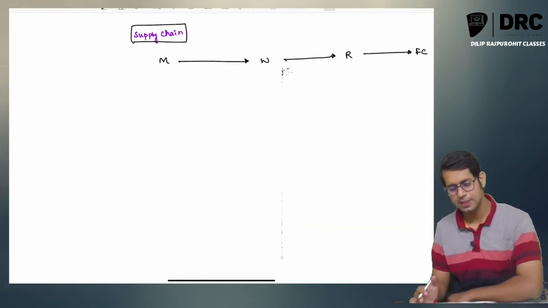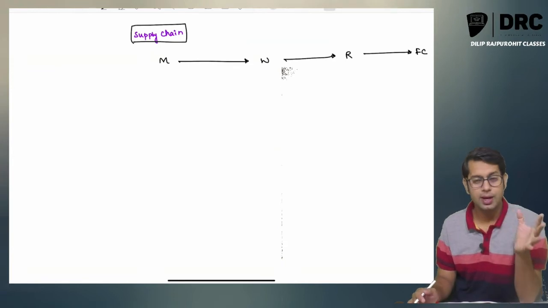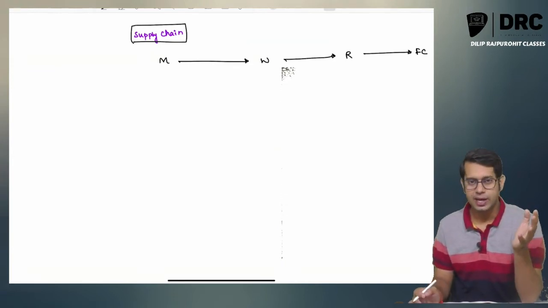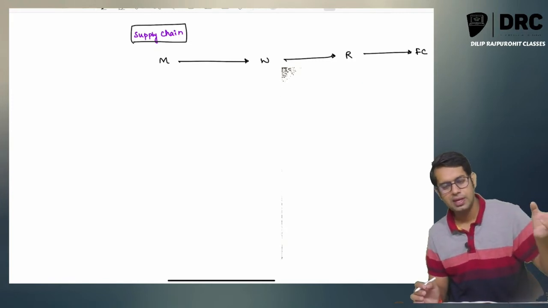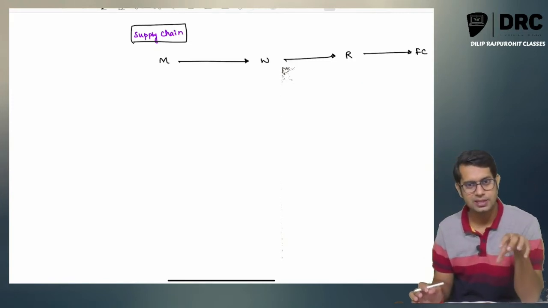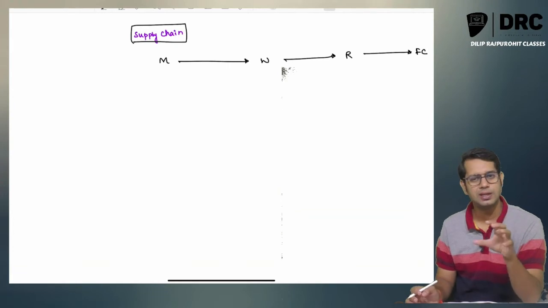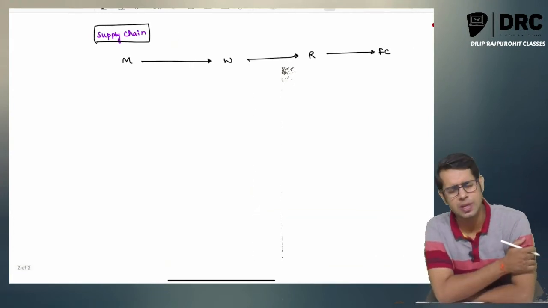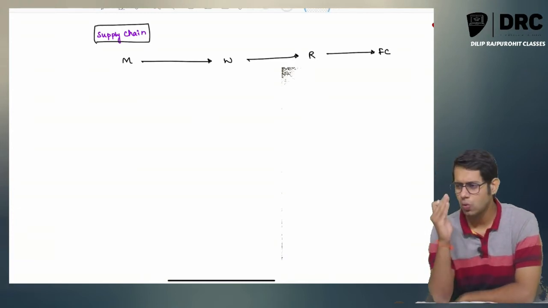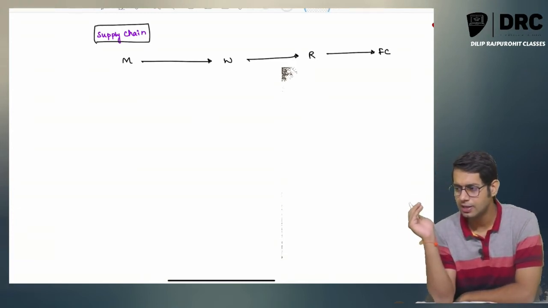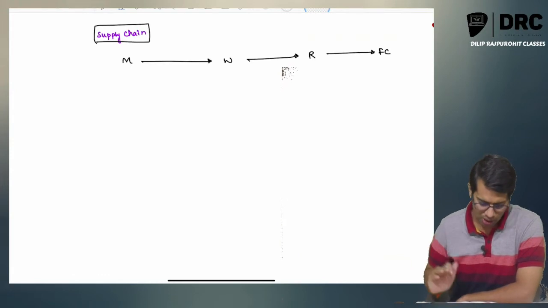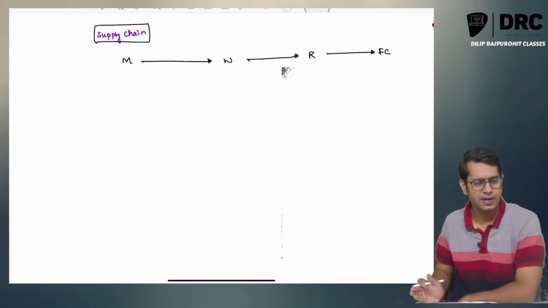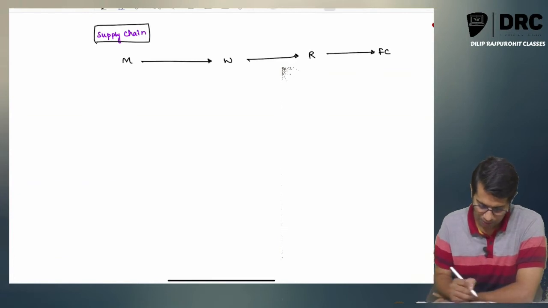In our school days in biology, we would have seen the food chain: eagle is eating snake, snake is eating frog. Just like that, here we are talking about a supply chain. The manufacturer sells the goods to the wholesaler, the wholesaler sells it to the retailer, and the retailer finally sells it to the final consumer.